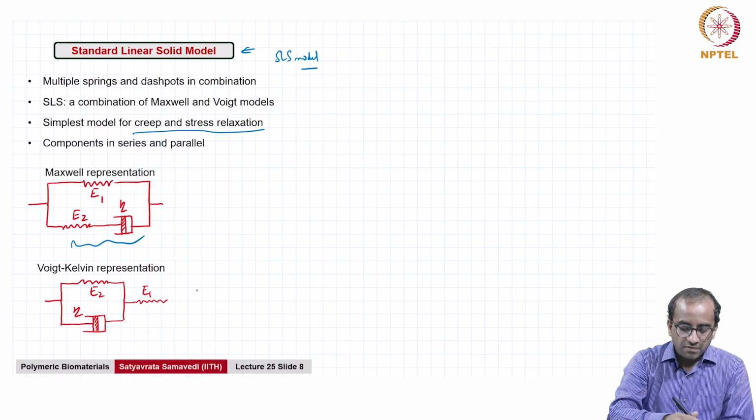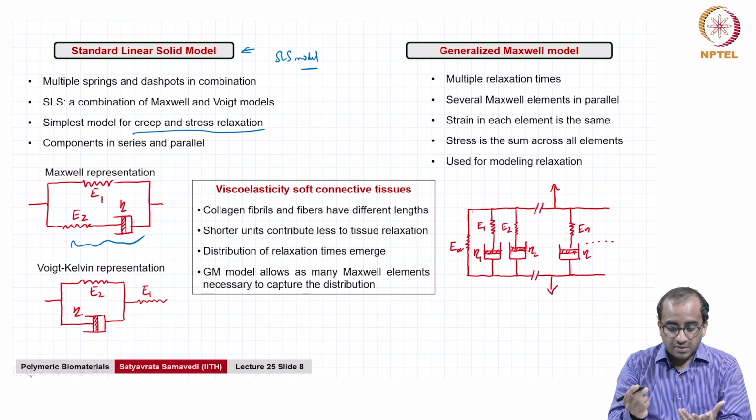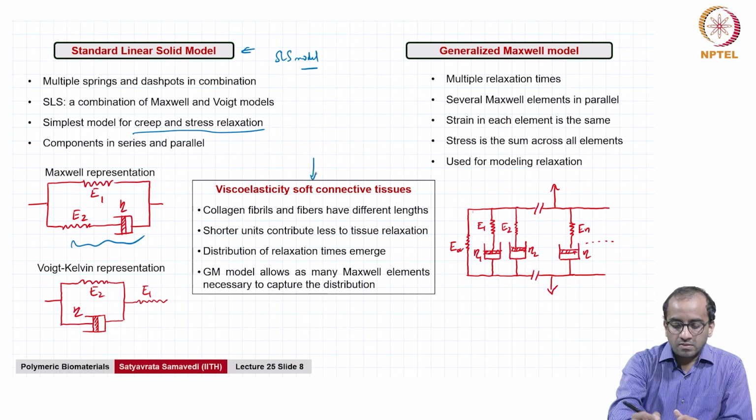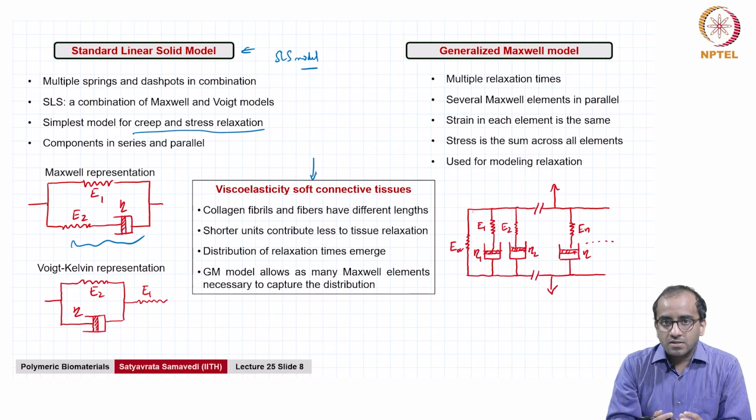And of course, there are other advanced models as well, and one such model is the generalized Maxwell model, which is used to model relaxation when you have multiple relaxation timescales, right, which is typically what will happen in a real polymeric material. The Maxwell model that we saw has only one timescale associated with it, right, only one exponent. Now, when you look at soft connective tissues and you look at viscoelasticity in them, you will end up getting a multiplicity of relaxation timescales arising due to different reasons.